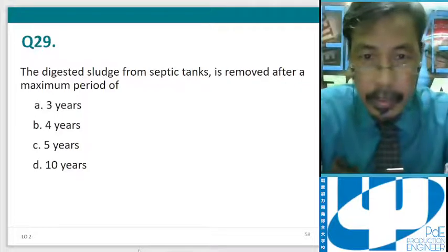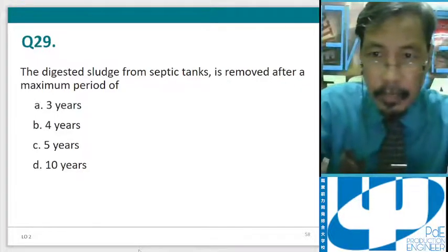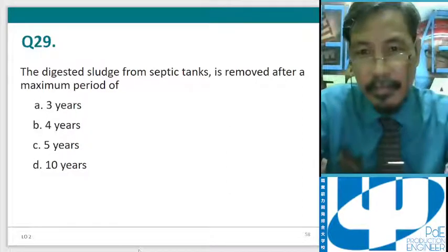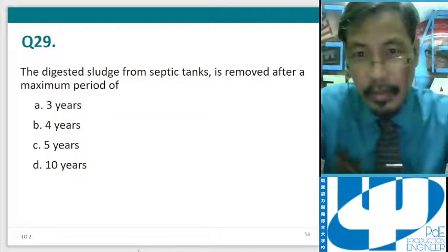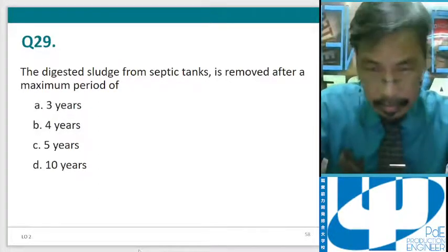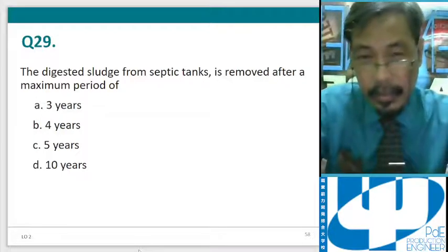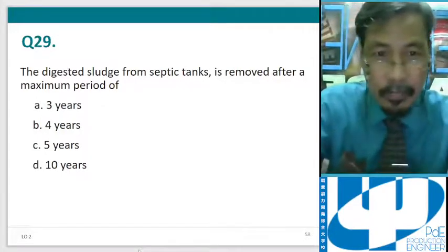Number 29. The digested sludge from septic tanks is removed after a maximum period of. So we have septic tanks in our homes. Every how many years do you clean up your septic tank?